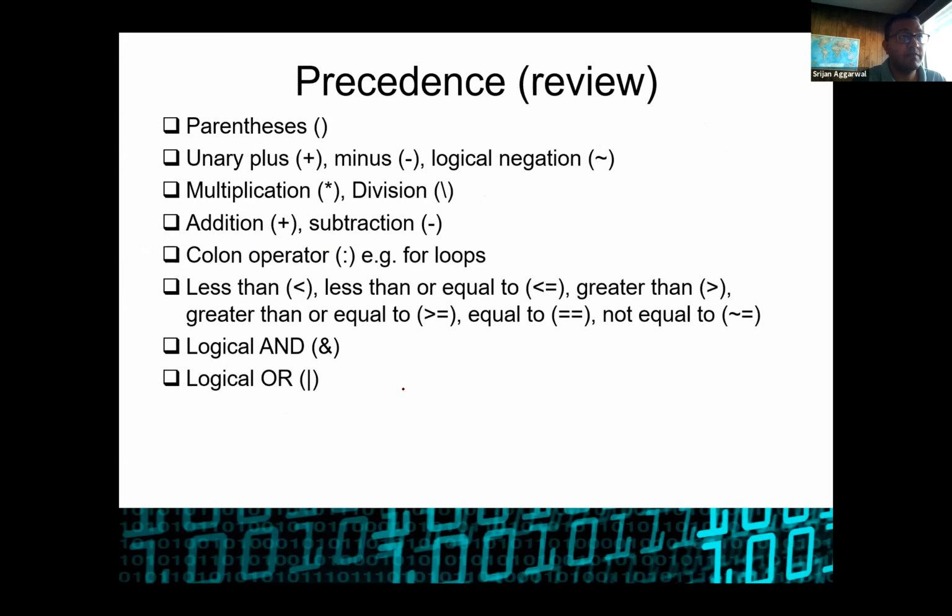And precedence. Precedence is parenthesis. We have unary plus, minus, logical negation, multiplication, division, addition, subtraction, colon operator, less than or equal to, greater than equal to, not equal to, logical and, logical or.